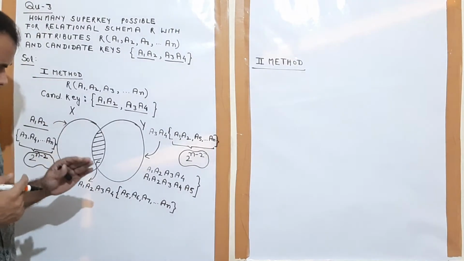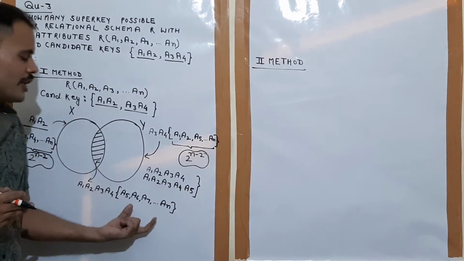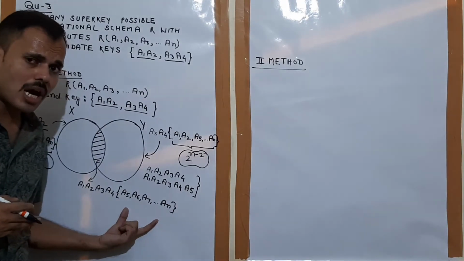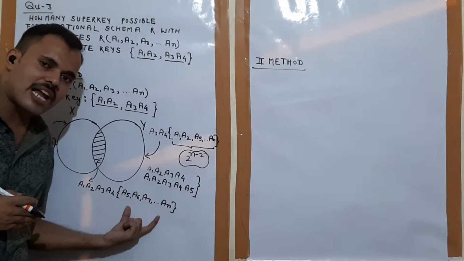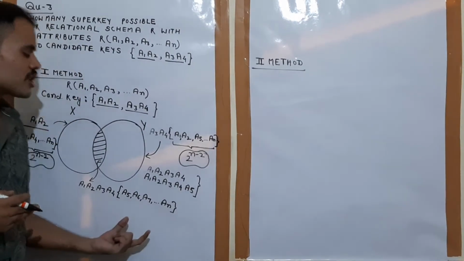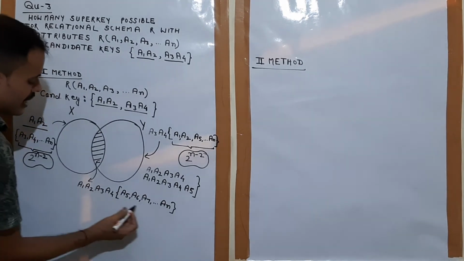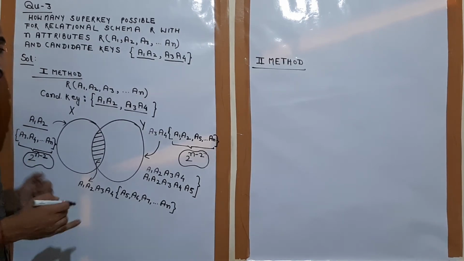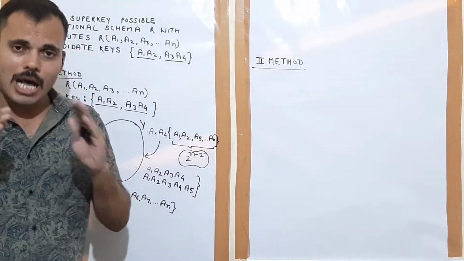Meaning for the common super keys, we have to find the number of sets possible of the set containing these many attributes. How many attributes are there? See here, there are n minus 4 attributes. These are the 4 attributes, so we subtract 4 from the number of attributes.